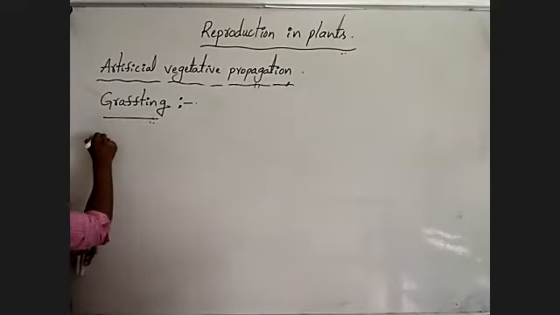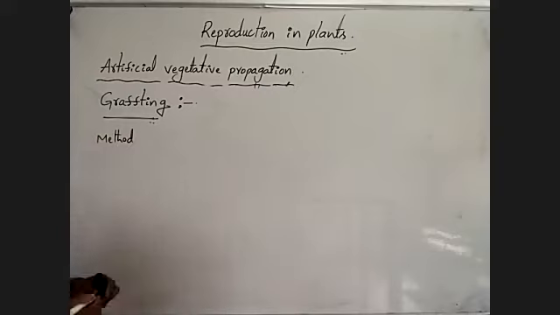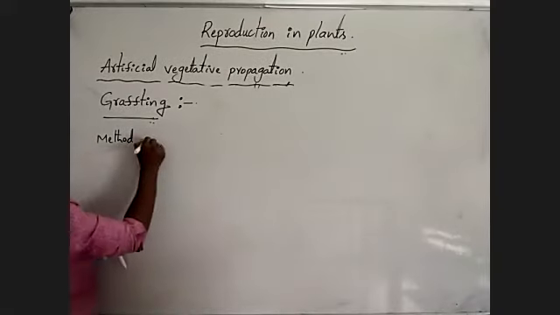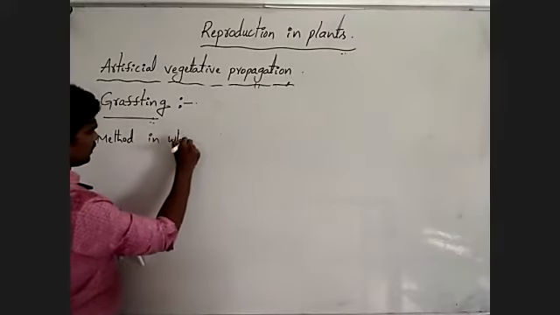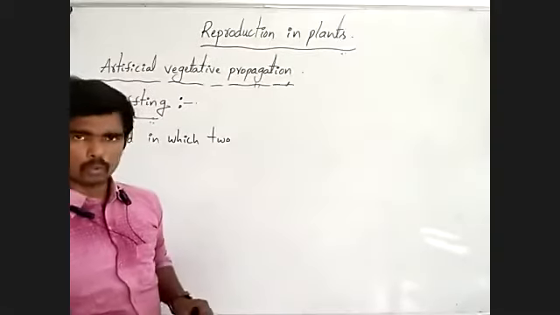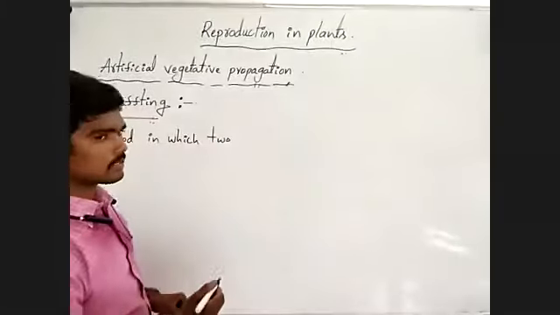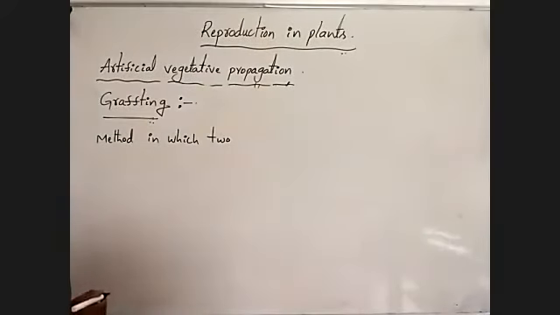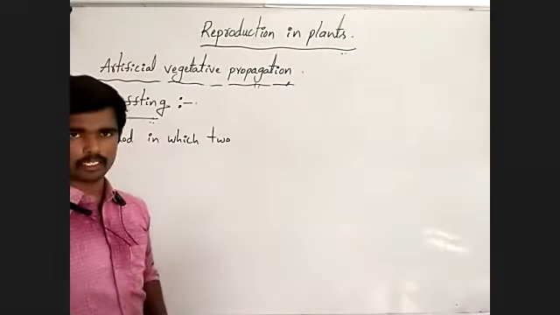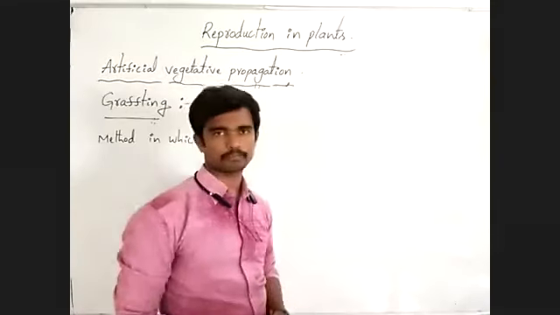It is also one type of method of artificial vegetative propagation in which two plants are combined together. Listen carefully here. Two plants are joined together.